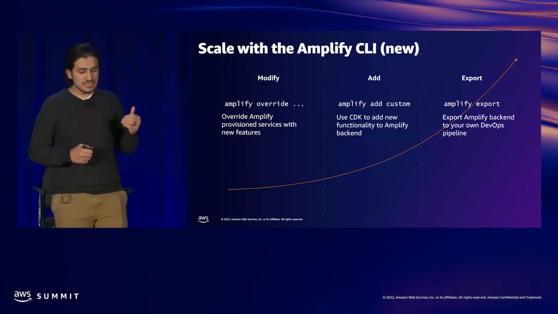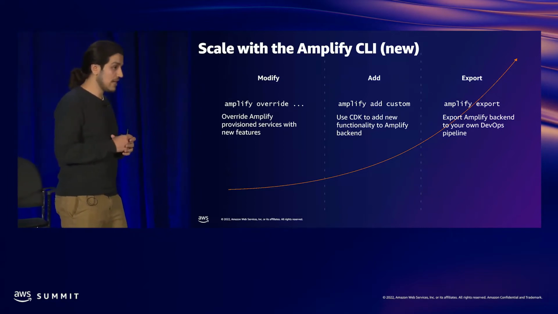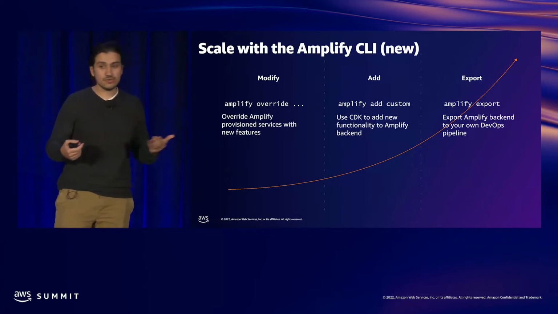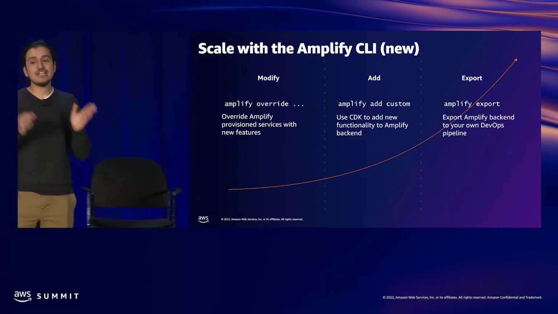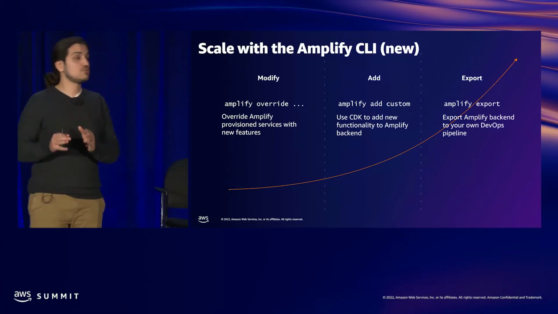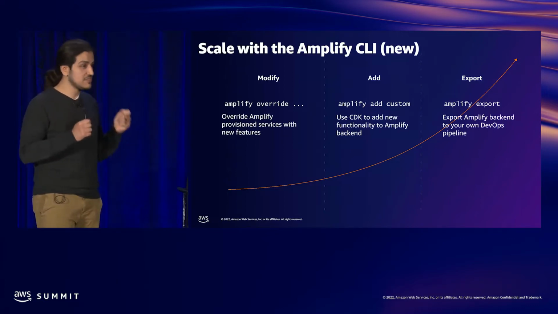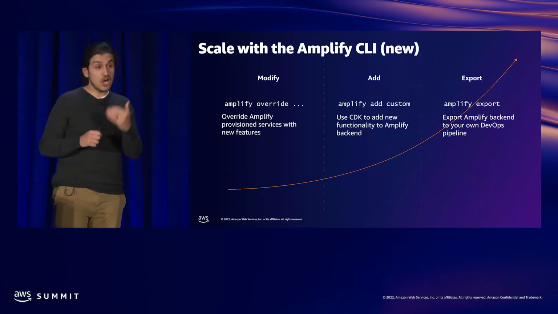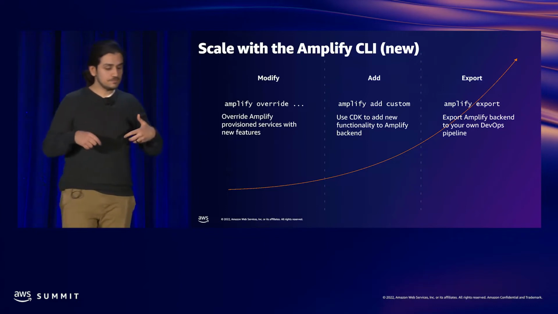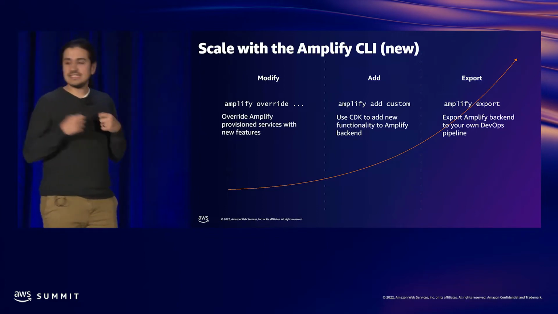The first piece is Amplify Override, which means if I have authentication, API, or storage resources that I want to override, changing or tweaking some settings, you're able to use Amplify Override, and from there, you basically get a CDK.